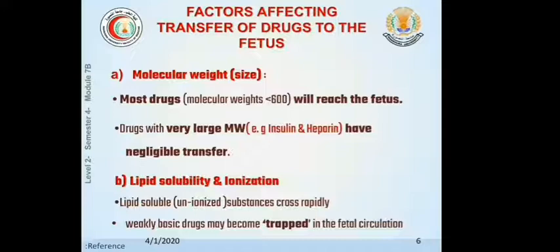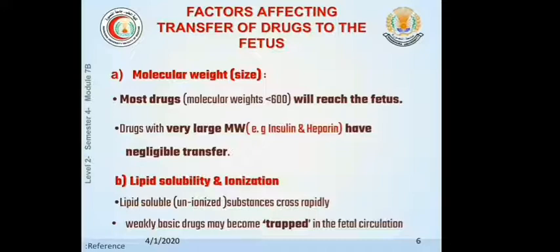So what are the factors affecting the transfer of drugs to the fetus? Number one is molecular weight of the drug. Large molecular weight drugs don't cross the placenta, like insulin and heparin.